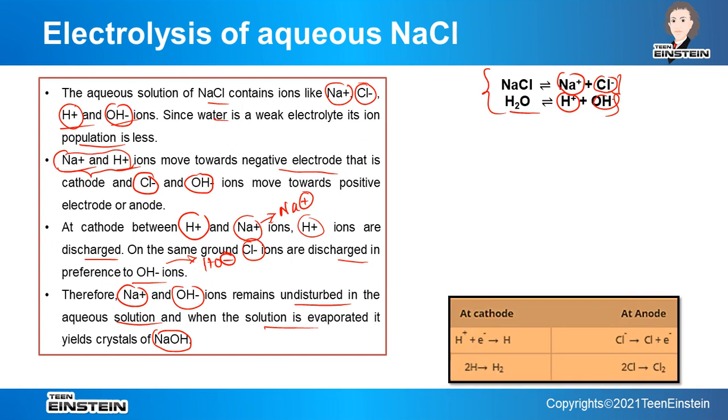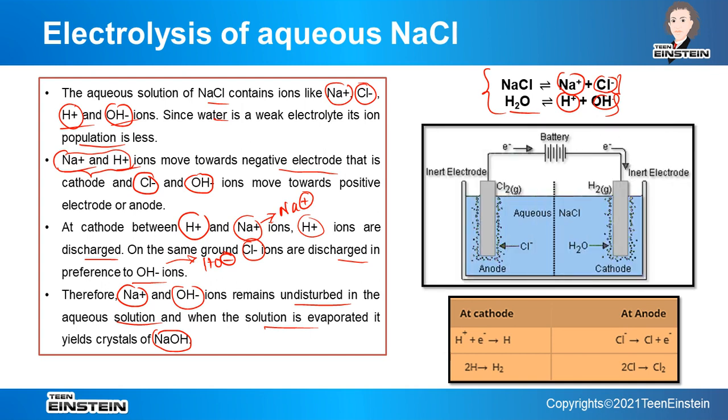At the cathode, the reaction going on is that first H+ accepts an electron and is converted to a hydrogen atom, and two hydrogen atoms make an H2 molecule. Similarly at the anode, Cl- leaves an electron, and two Cl atoms combine together to make a chlorine molecule. Now this is the picture of the electrolysis of aqueous NaCl.